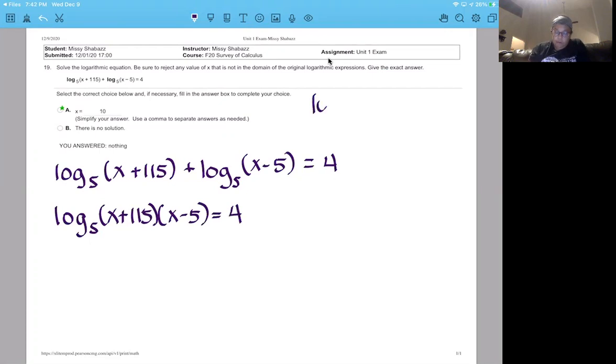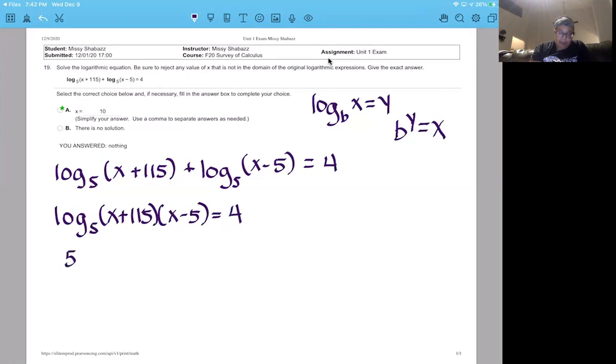Now we need to remember, if I have log base b of x equals y, to rewrite that as an exponential, that means b to the y equals x. So I'm going to rewrite this as an exponential because I don't have logs on both sides. If I had logs on both sides, I can set the insides of the logarithms equal to each other, but that's not the case.